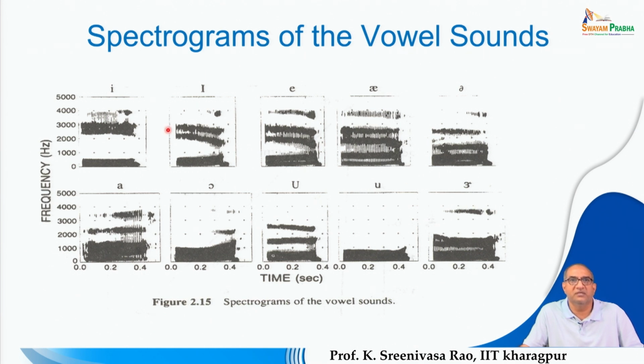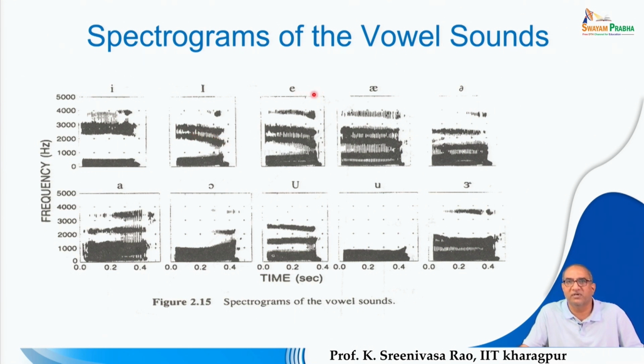If you look here, you can see more distinction, or more unique characteristics, in the spectrogram. In the case of E, the first formant is lower and the second formant is very high, above almost 2000 hertz. Similarly in the case of E, the initial portion of the short vowel and the long vowel are similar, but after some time in the long vowel, the second formant comes close to the first formant.